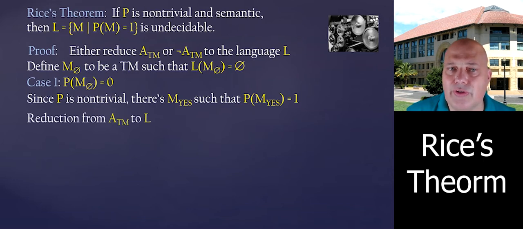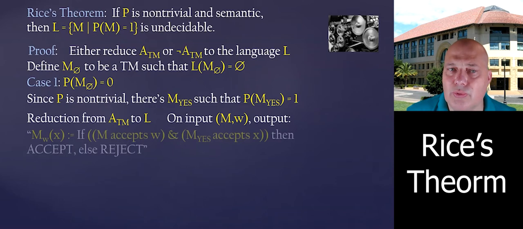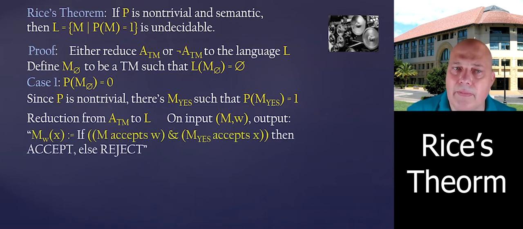And we're going to have a reduction from ATM to L. On input M, W, we're going to output a Turing machine M_W. In this reduction, the input for ATM is pairs M, W. The input of L is just one machine, which is going to be M subscript W. This is the Turing machine we're going to output, and let's see what this machine does.